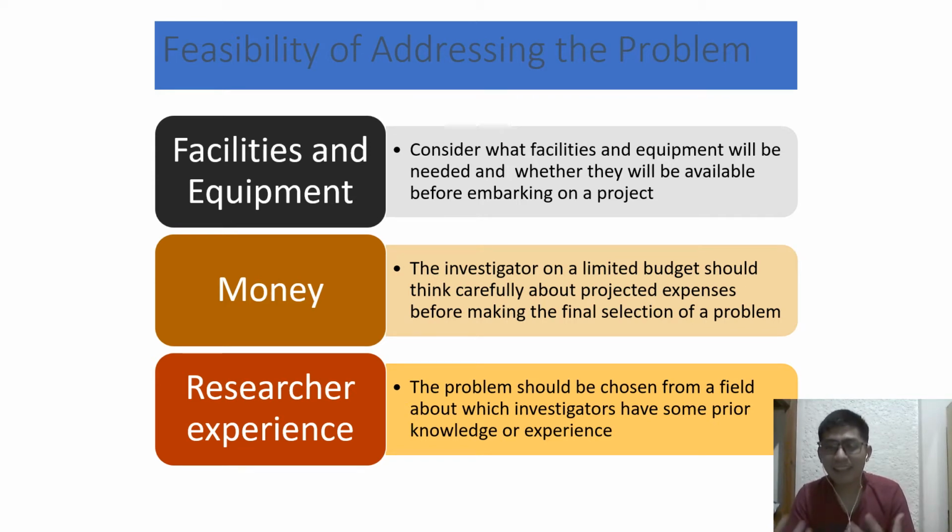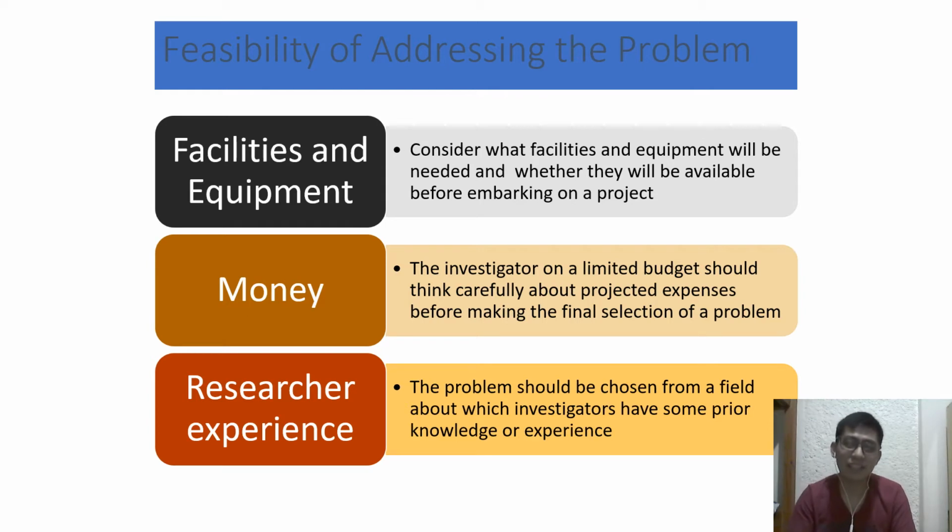So money, again: you should have enough budget to sustain the research. If it's regional, national, or global research, you should have funding because every step of the research entails cost, from manpower, your research assistants, having experts review, to ethical review board clearance.